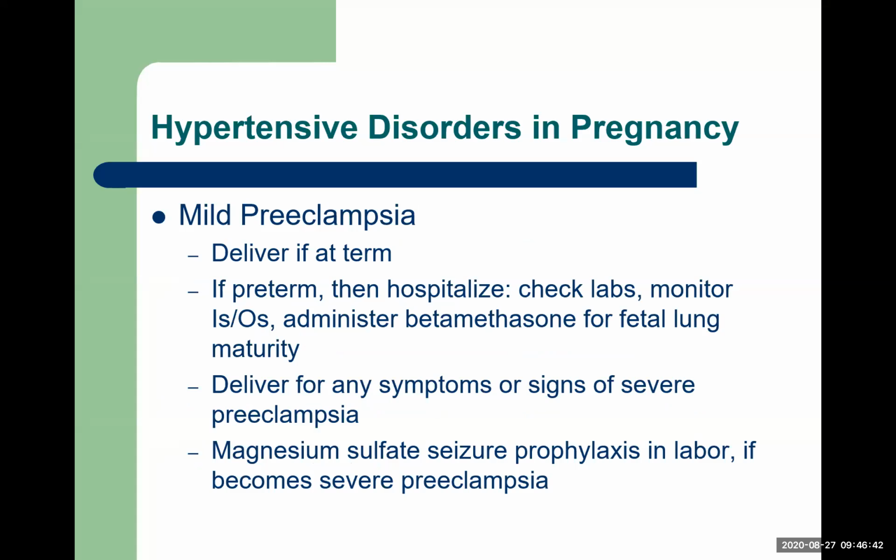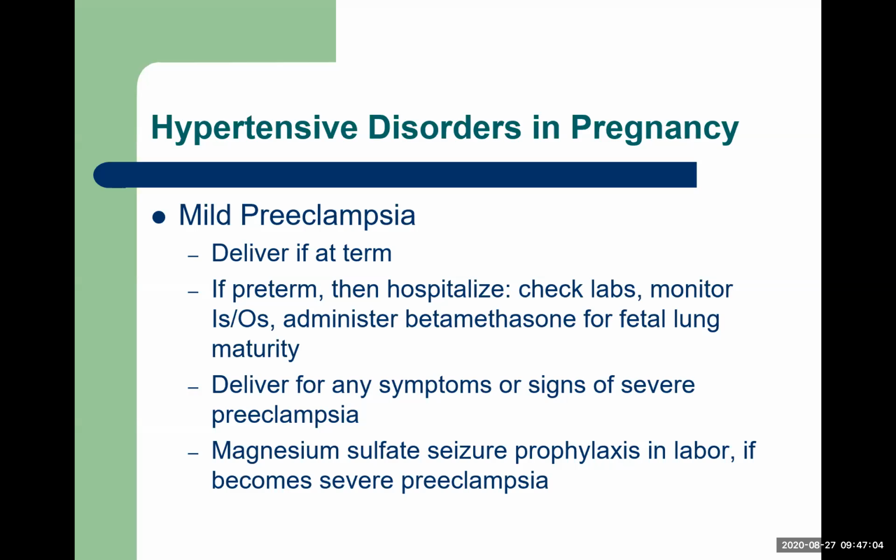So for mild preeclampsia, talking about the treatment now, if a patient is at term, we would proceed to deliver the patient. So preeclampsia, even if mild, is an indication for delivery at 37 weeks and beyond.